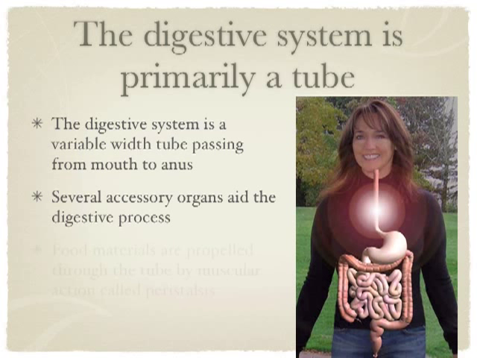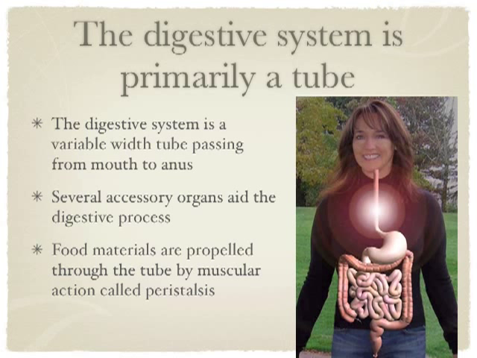We'll talk about those. And food materials that enter the mouth are propelled through the tube by a muscular action called peristalsis. So we have a tube leading from your mouth to your anus. We have some organs that add fluids and materials to the digestive process, and the food is physically moved by muscular action.